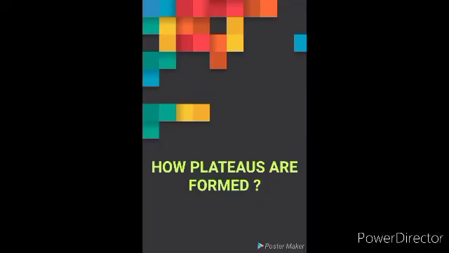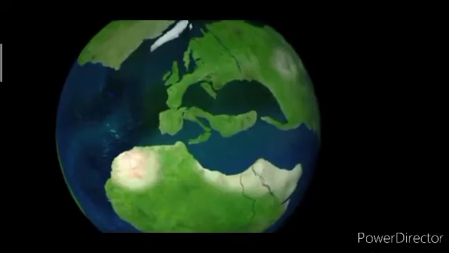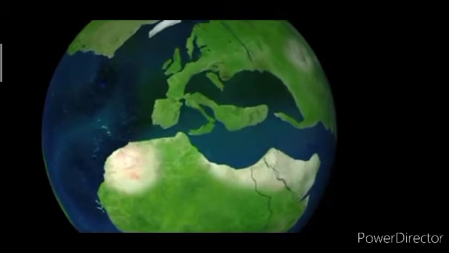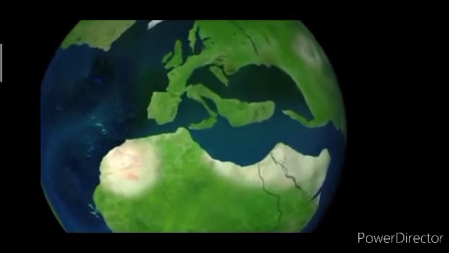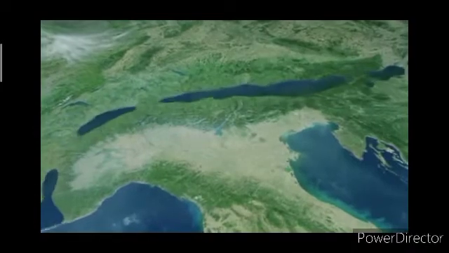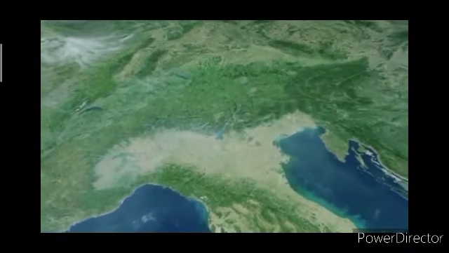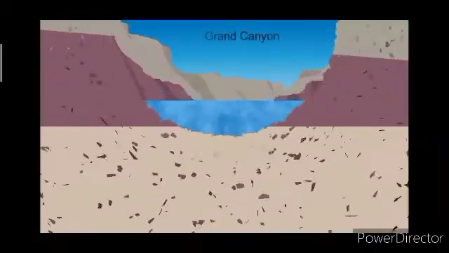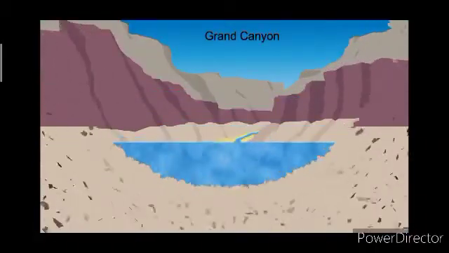So now let's move to the next topic: how plateaus are formed. Plateaus can be formed by a number of processes, such as tectonic movements or internal forces like volcanic eruptions, or external forces like rivers or wind.